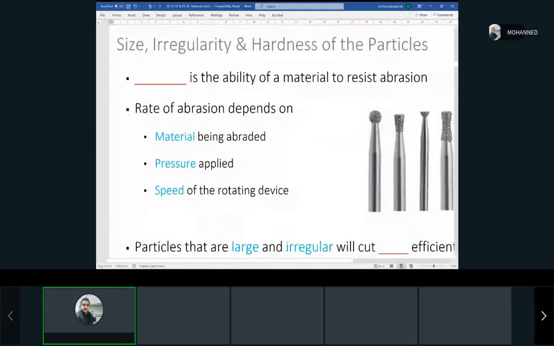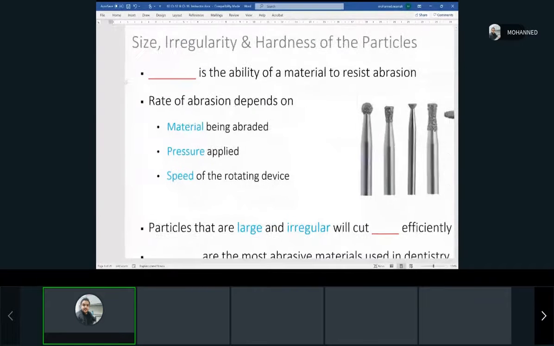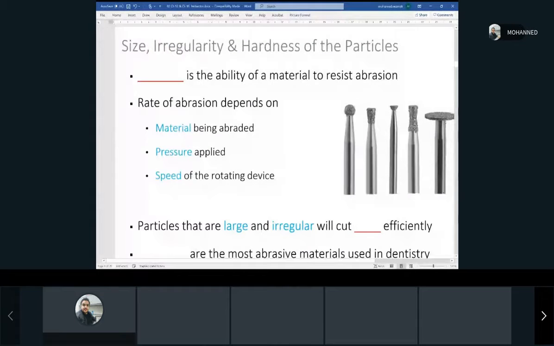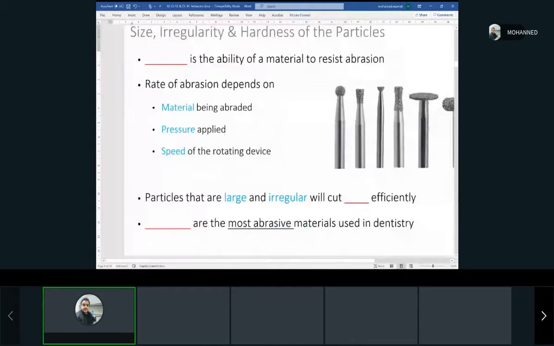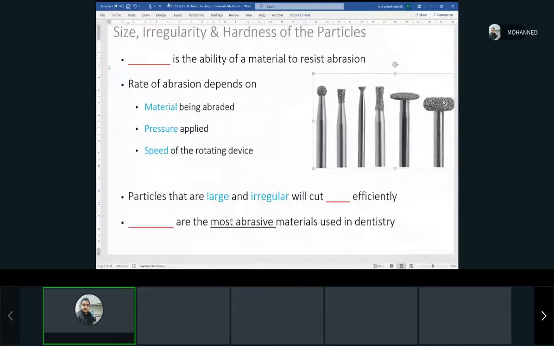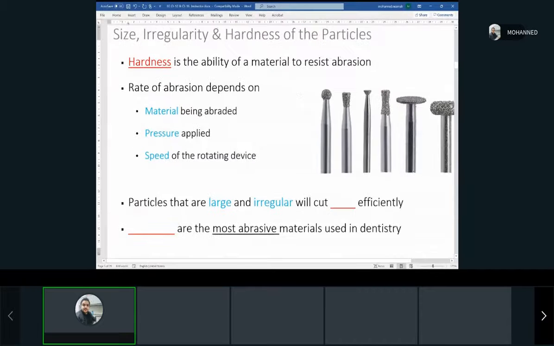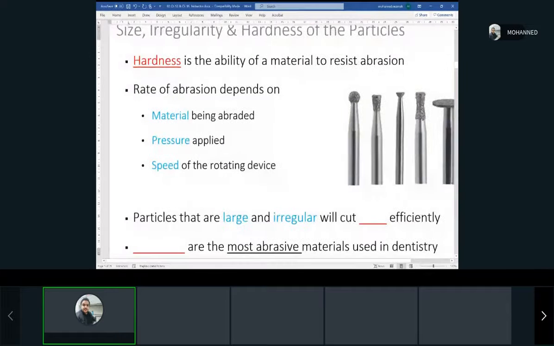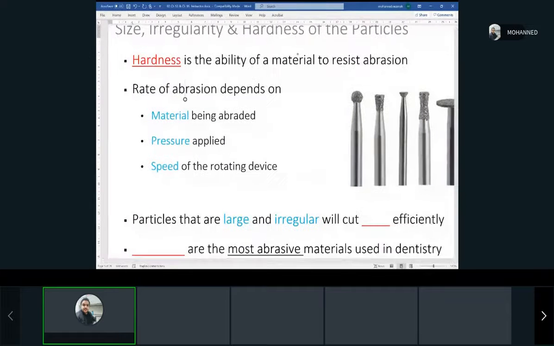Moving on, technically, we're on the same thing. Blank is the ability of a material to resist abrasion. I think we took that before in one of our slides, and that is hardness. Hardness is the ability of the material to resist abrasion. And again, this is what we talked about already, the rate of abrasion.